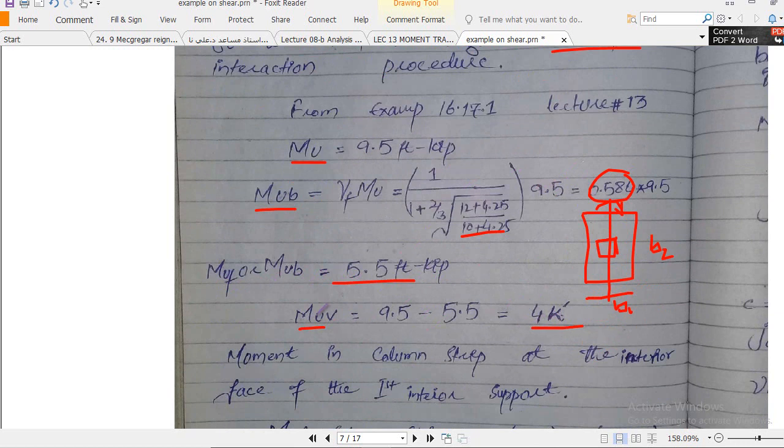It can also be determined by subtracting 1 minus 0.58, and the value you get will be gamma V. You just multiply this factor with this moment, and you get 4 kip feet.